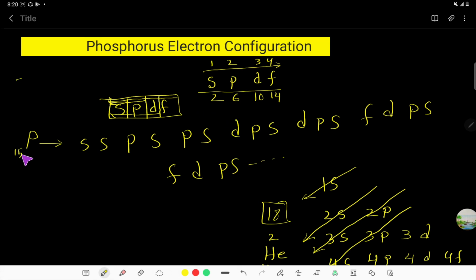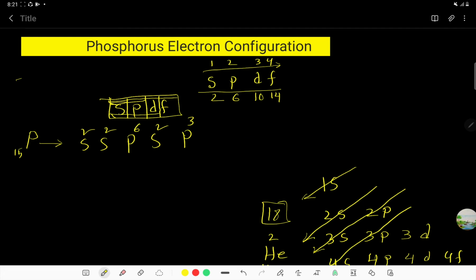So now let me distribute these 15 electrons: 2, 4, 10, 12, 12 plus 3, 15. So already we have distributed all the electrons.